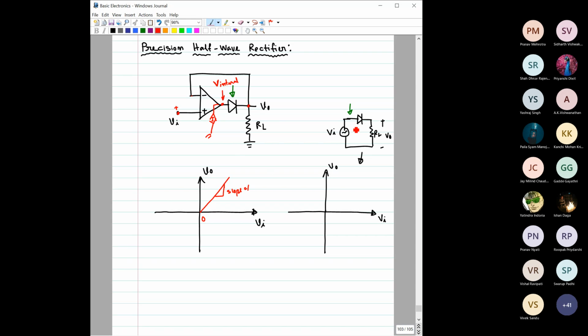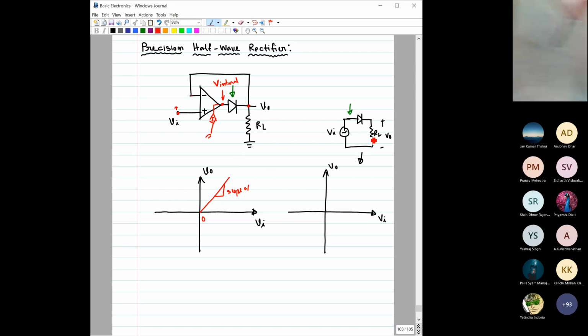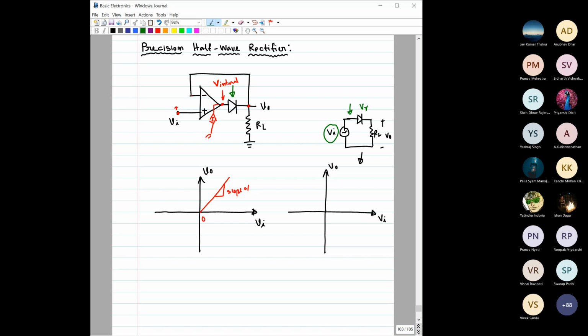However, for our earlier half wave rectifier, what we have seen is that this diode will only conduct once this input voltage crosses this V gamma, right? Then only this diode can conduct. So we have a gap of this V gamma, and after that, it would start with a slope of 1. This is V gamma.